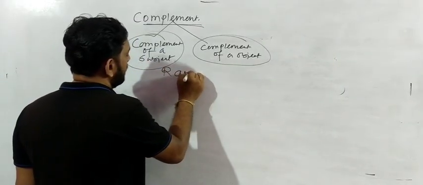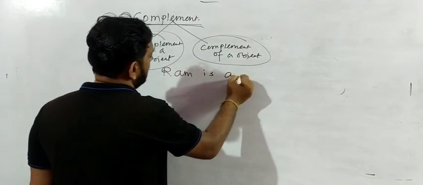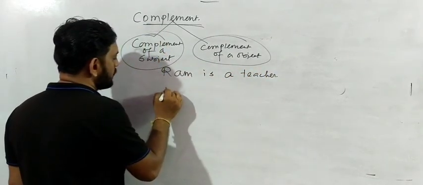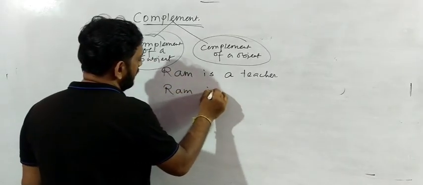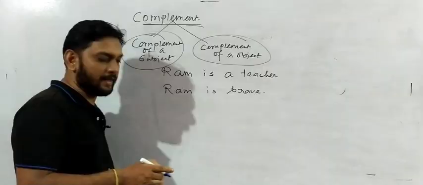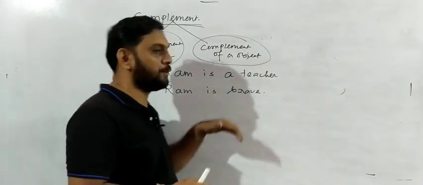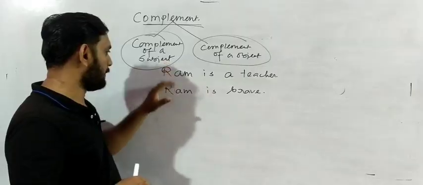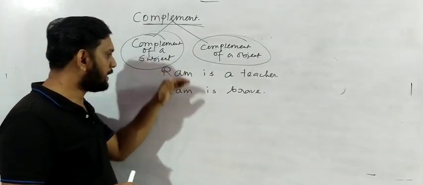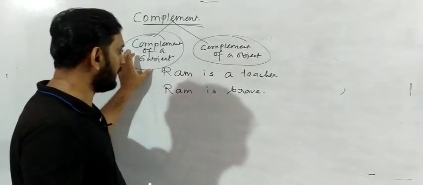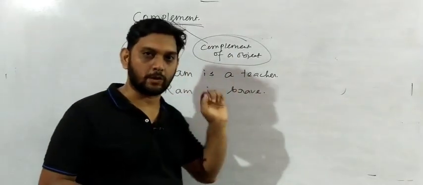Ram is a teacher. And as a second sentence, write: Ram is brave. Okay, I have written two sentences, and using both of these sentences you can understand the subject complement. Later on I will make you understand the object complement.